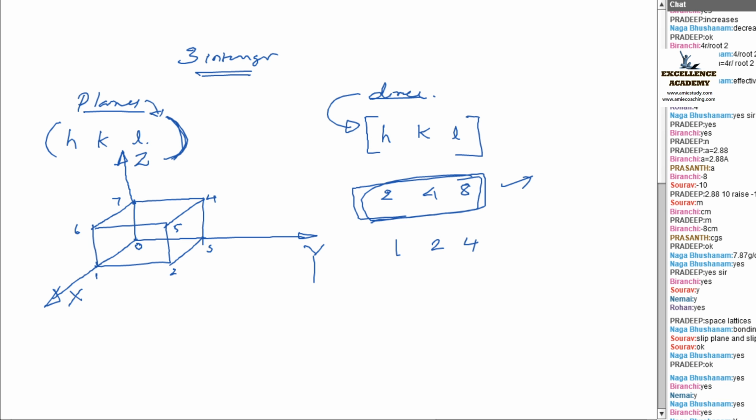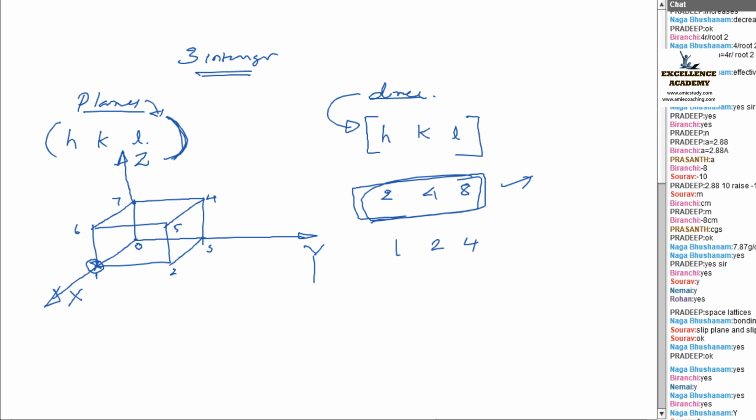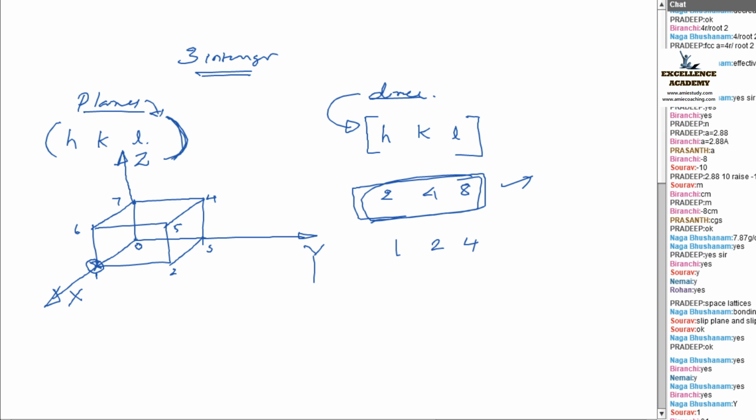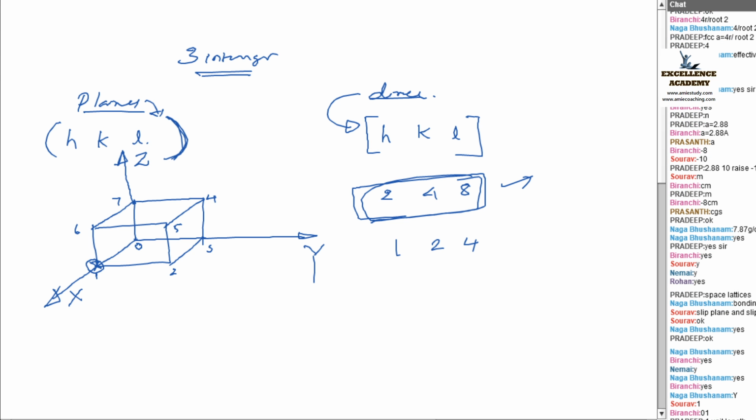Next, what is the value of x at this point? 1. What is the value of y?